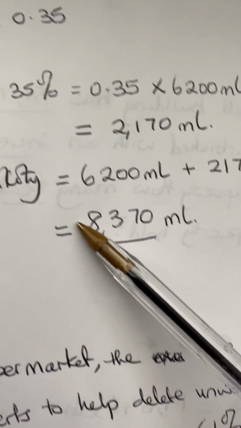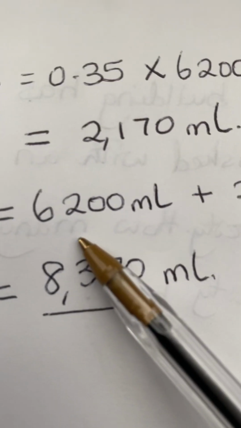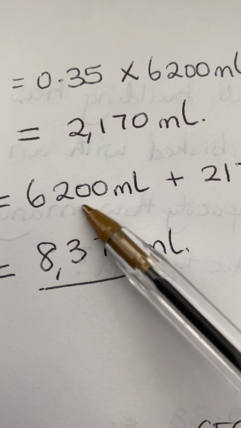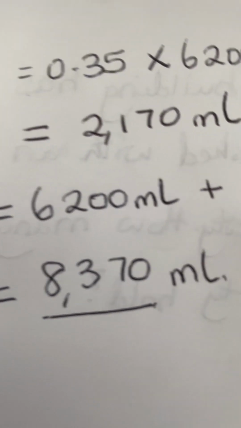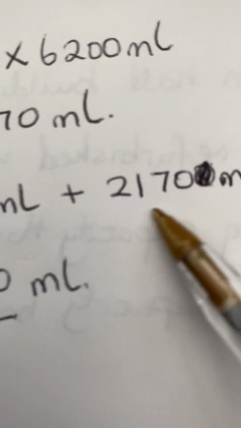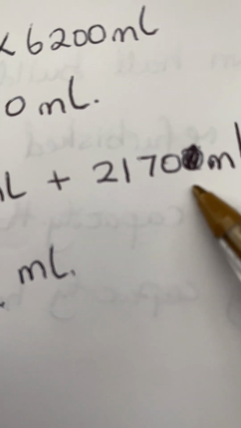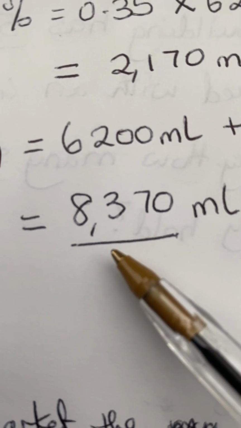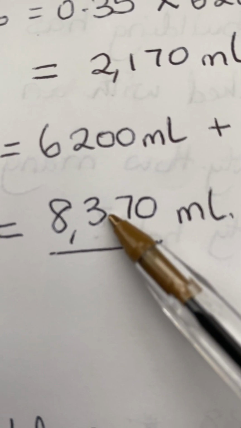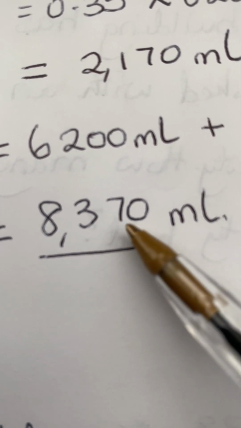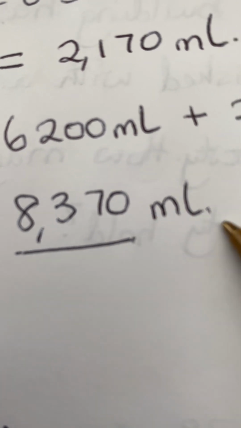So you add the original 6,200 milliliters and 2,170 milliliters. So when you add, you have 8,370 milliliters.